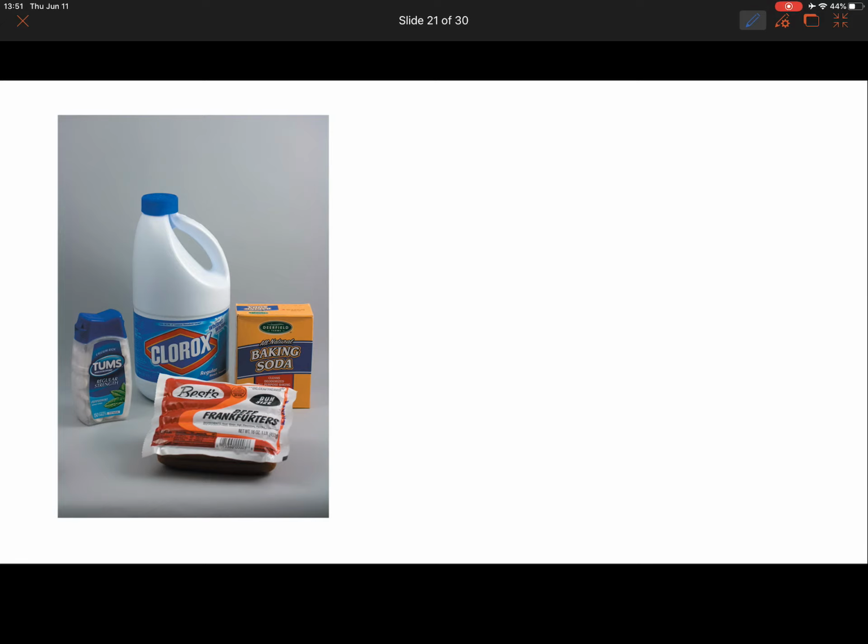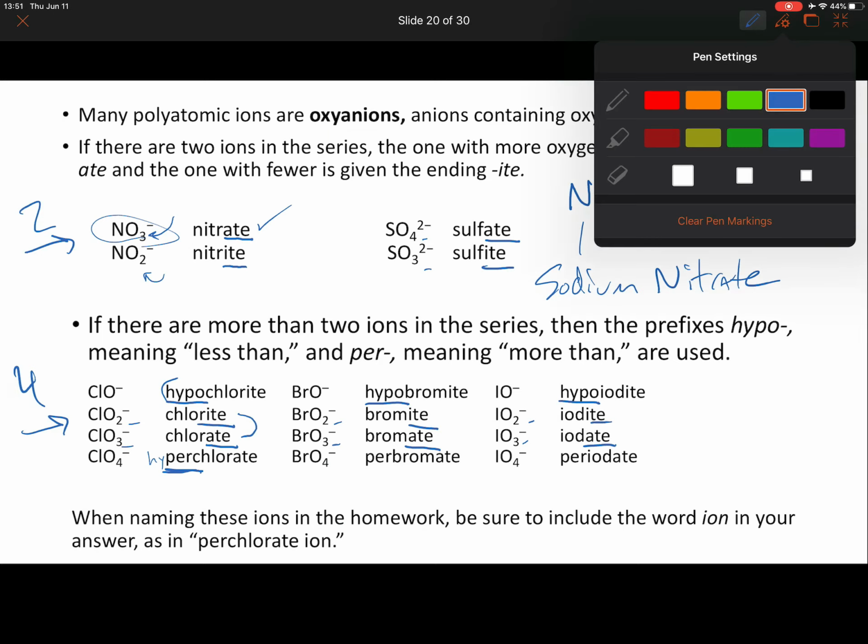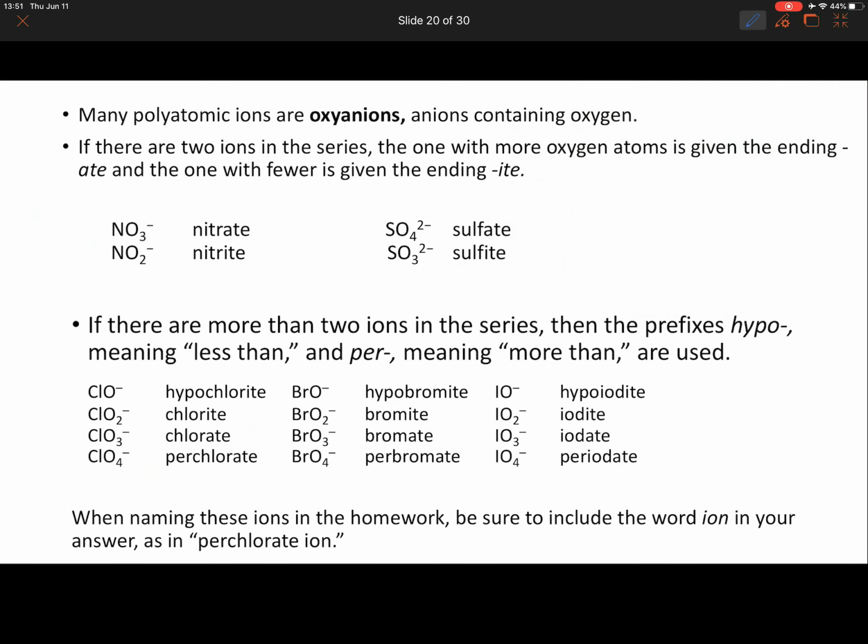Okay, we can also do polyatomic ions that have the variable metals as well. So, like for example, we could go FeNO3 2 and FeNO3 3, and this would be iron 2 nitrate.